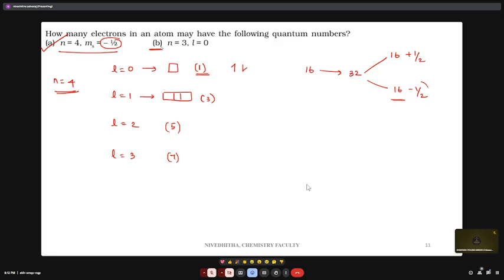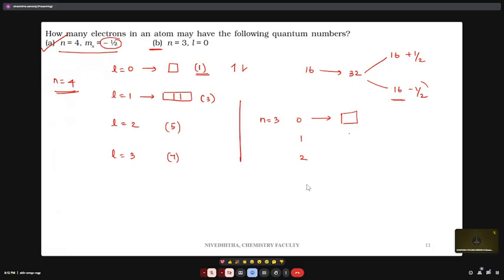And how about this, Kanna? n is equal to 3 and l is equal to 0. 6, ma'am. Okay, because in n is equal to 3, I can have 0, 1, 2 subshells. And in l is equal to 0, how many orbitals can I have?